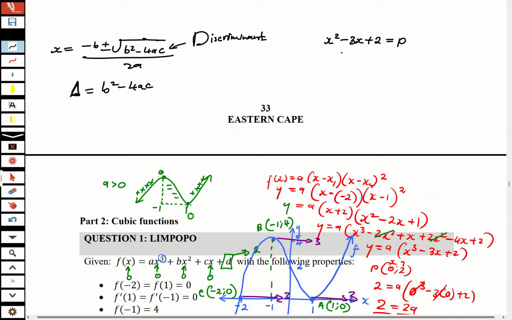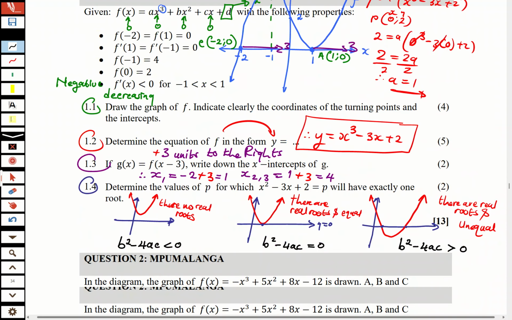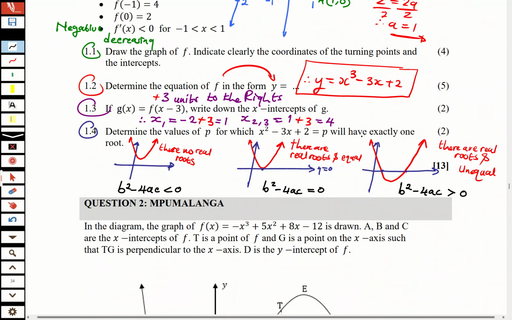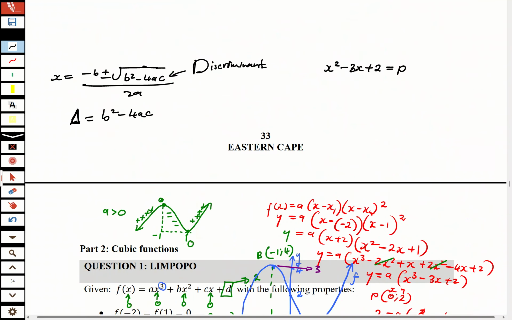Remember, they are looking for exactly one root. So we say b squared minus 4ac equals 0. But what are a, b and c?